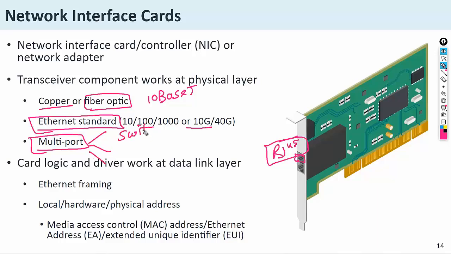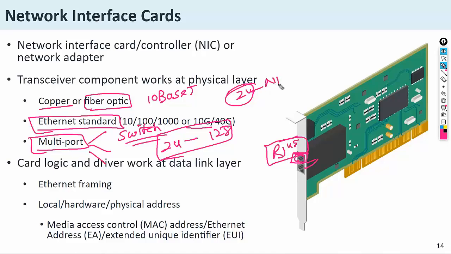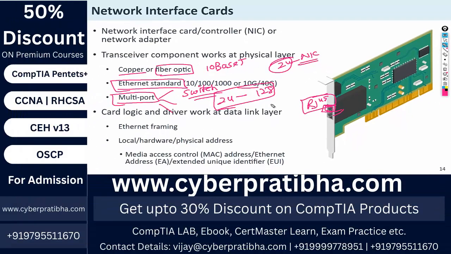If we take the example of a switch, a switch has 24 to 128 ports and more, it depends. Each and every port has a network interface card like this. If a switch has 24 ports, it means it has 24 network interface cards. And every network interface card has its own memory for calculation, collecting the data, transferring the data and all.